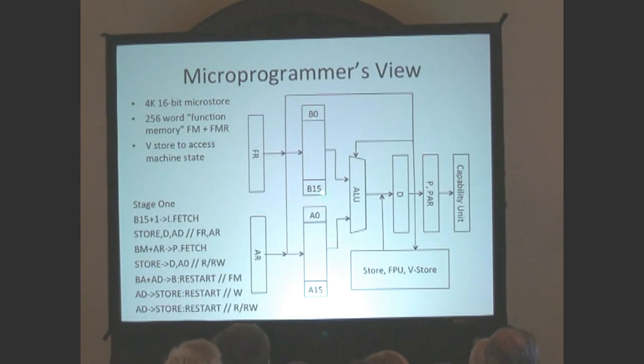You had 16 internal registers that were available to the microprogrammer, and you could write micro instructions that would operate on these B registers and A registers, put them through some function of the ALU, put them onto the D register, and potentially also route them out to the store or the floating point units, or route them out through to the memory of the machine. That was all quite doable.